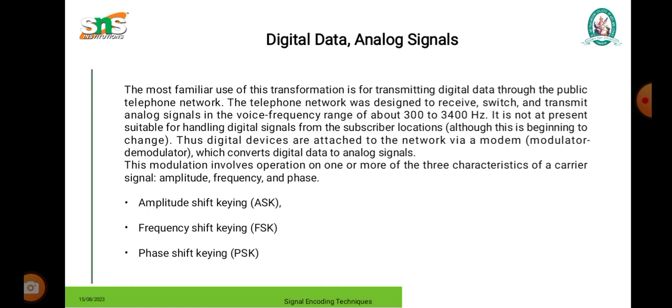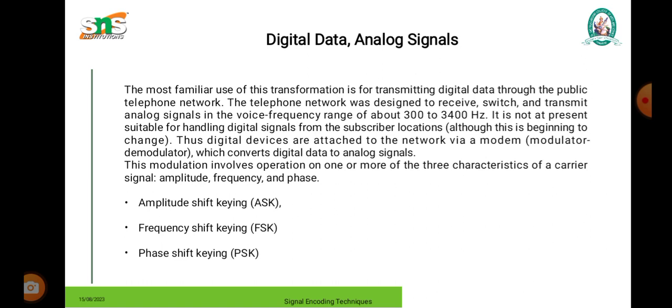Amplitude shift key, also called ASK, means the two binary values are represented by two different amplitudes of a carrier frequency. One of the amplitudes is 0, and one binary digit is represented by the presence of the carrier. The second is frequency shift key, called FSK.